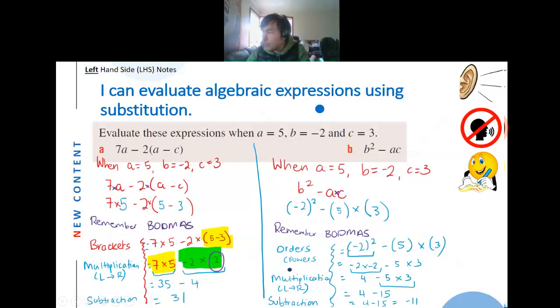Okay, if you put into the calculator -2 squared, how the calculator would understand this is, because remember BODMAS, it would say do the power first.